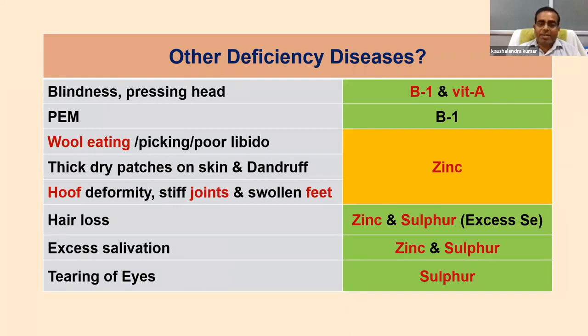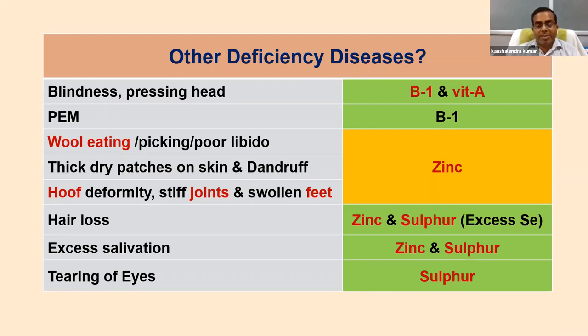Hair loss is again a deficiency problem due to zinc deficiency and sulfur. Excess of selenium also causes hair loss. So selenium toxicity is also associated with this problem. Excess salivation may be seen in sheep and goat under zinc and sulfur deficiency.